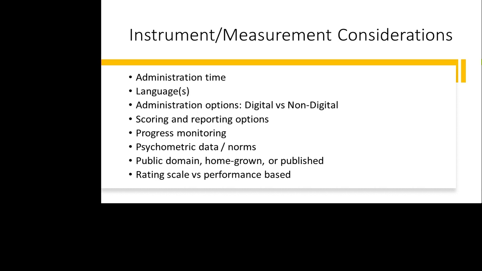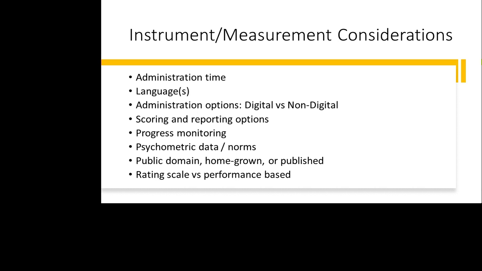In terms of scoring and reporting options, scoring by hand is often the most prevalent method, but more and more people are turning to digital scoring options. That reduces the opportunity for scoring error to creep in, but it also provides opportunities for report writing options. A lot of the digital reports now score the assessment for you.